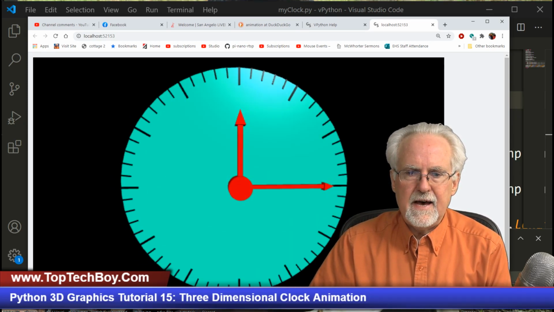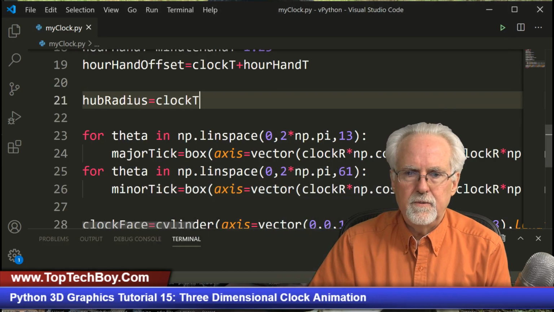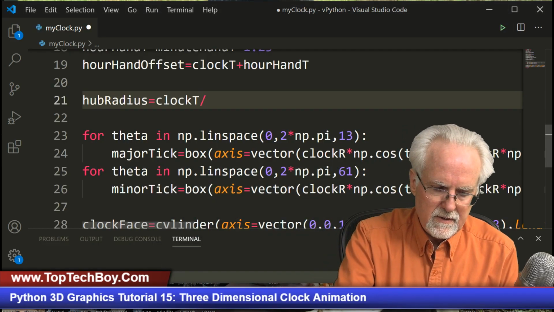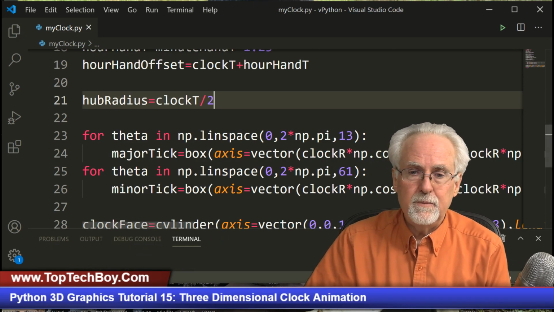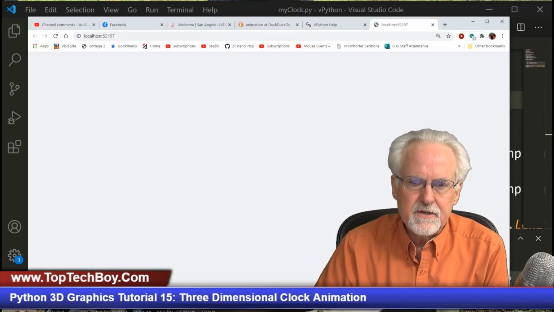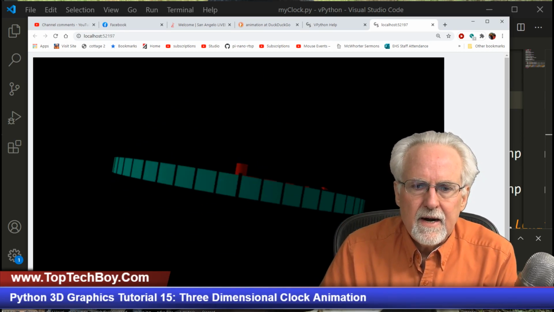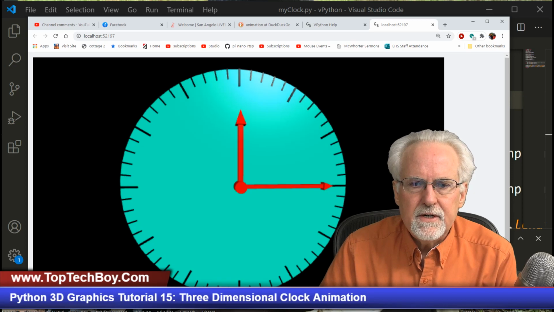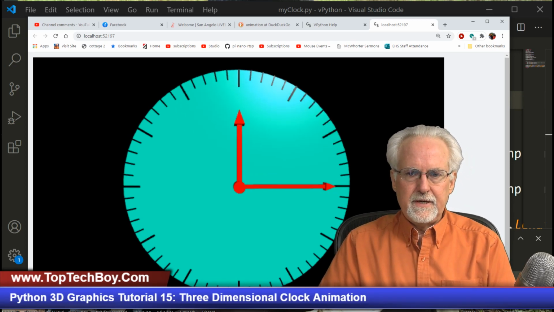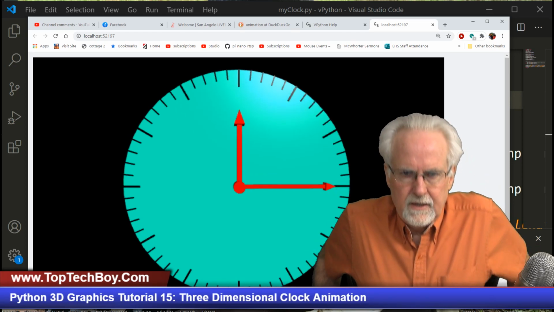It is too fat by about a factor of 2. And so let's make it the clock thickness divided by 2. I think that's going to be good. And then I'm going to stop fooling with it because I didn't mean to spend so much time on such a small detail. All right, I like that. The two hands are on top of each other, and I think that is looking pretty good.